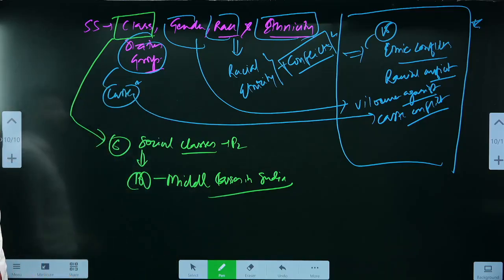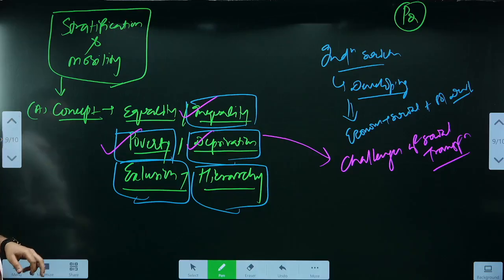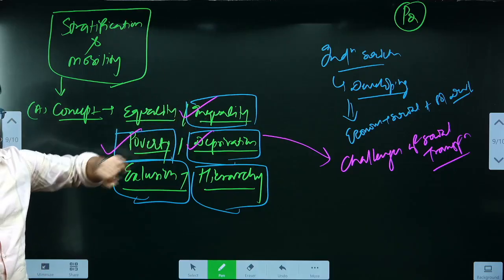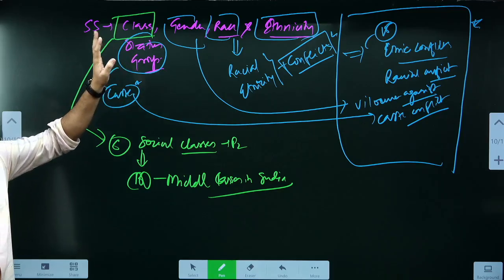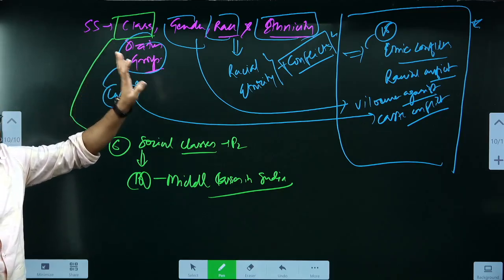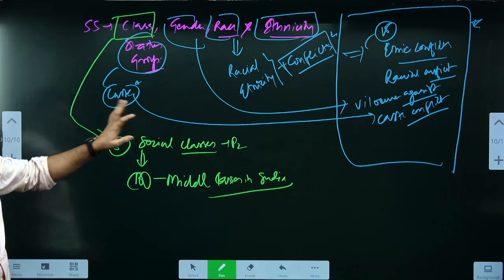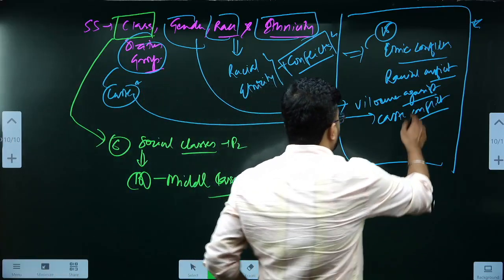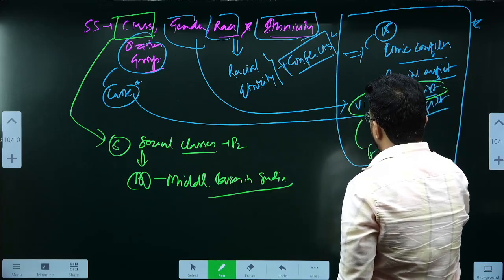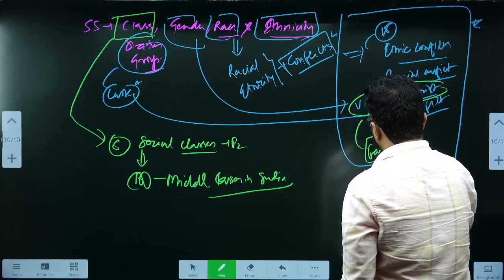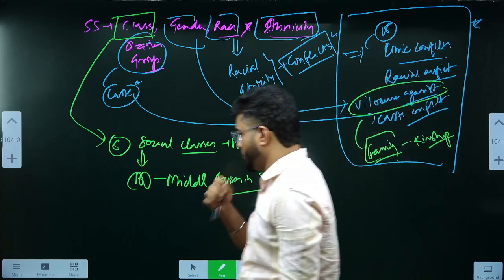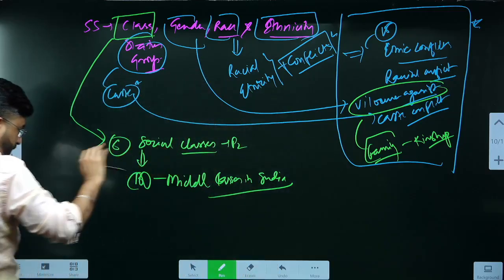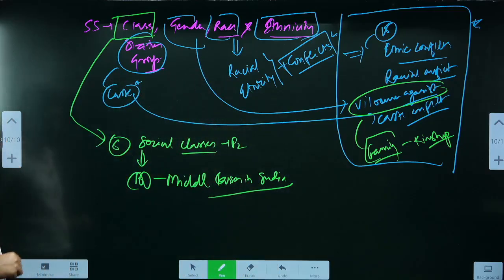So we will be covering poverty, inequality, deprivation from challenges of social transformation, racial conflicts, ethnic conflicts, violence against women, caste conflicts here itself. If you are not covering violence against women here, you can cover it with the family and kinship chapter, because there is a component known as kinship. I will show you how. And in the end you will be covering middle classes from the chapter 6 social classes chapter.